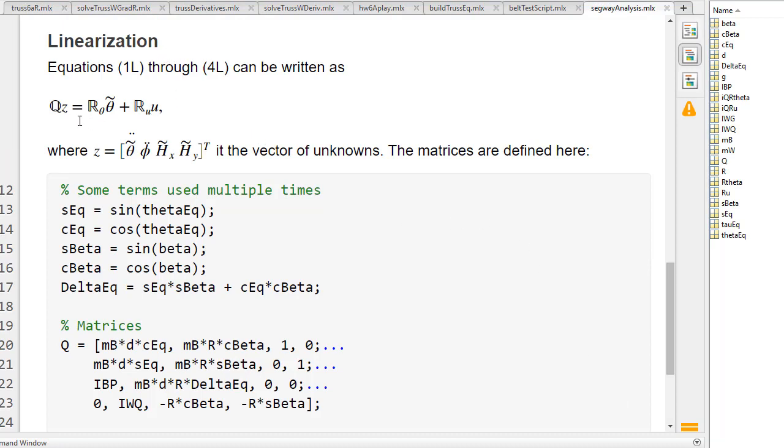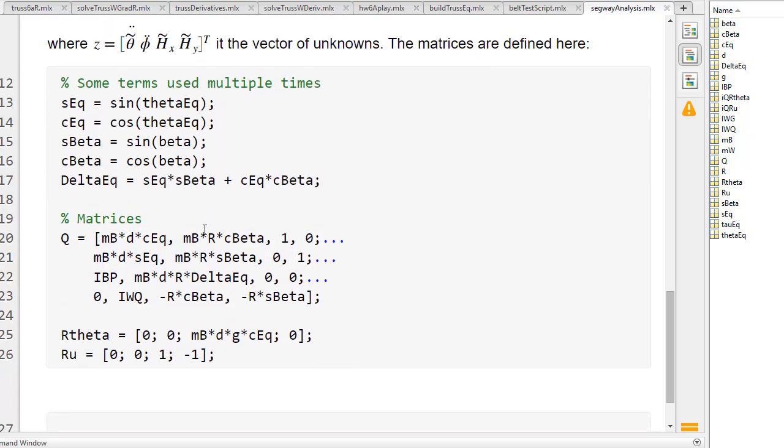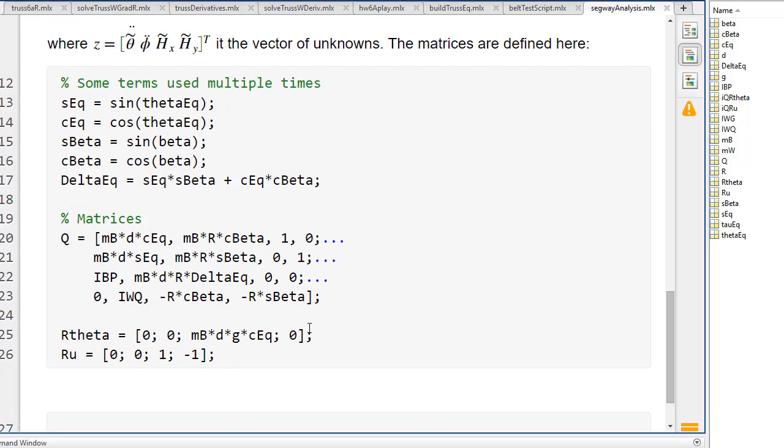So here I describe the linearization similar to how I did previously in the video, and I don't need to go over that again. I've got some common terms that occur in my equations, so I just define new variables, then write out the cosine or the sine of one of these angles multiple times over. So here I construct the Q matrix, the R theta matrix, and the RU matrix, and I can run those so that they're now in memory.